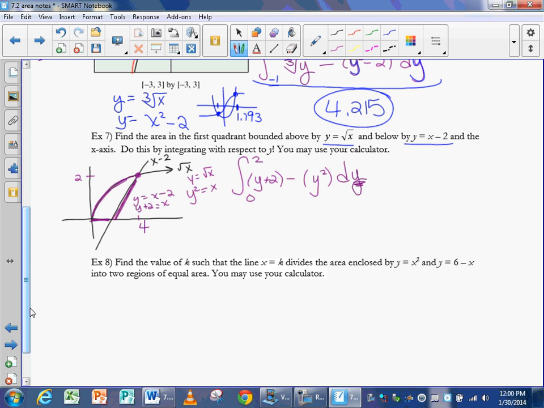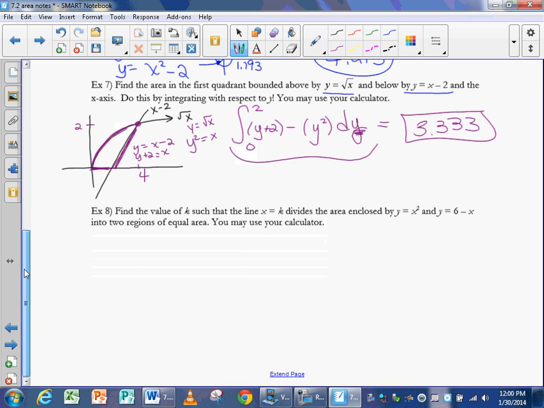I have that. I plug it into my calculator, but I use x's instead. And your calculator should tell you, voila, the same thing we had before, 3.333. Okay? Long story short, those last two look kind of confusing, but all you have to do is switch all the y's into x's and you're good to go.